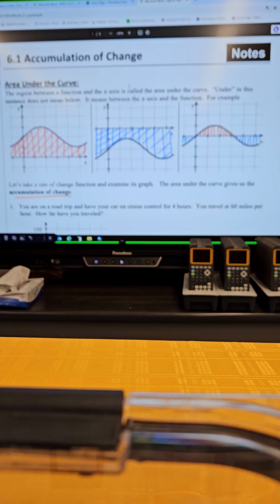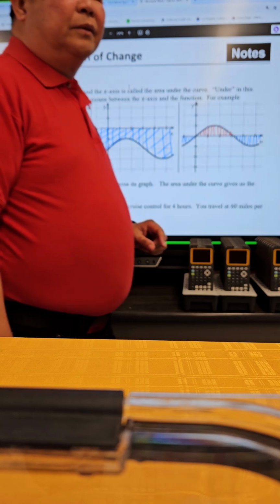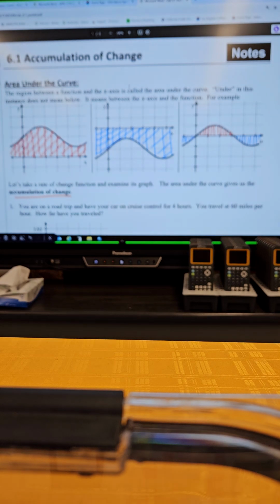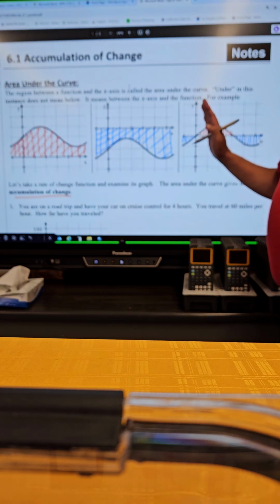Meaning to say this is the rate of change. Any question on this before I move this up? Pregunta? No pregunta? Okay. Can I move this up now?